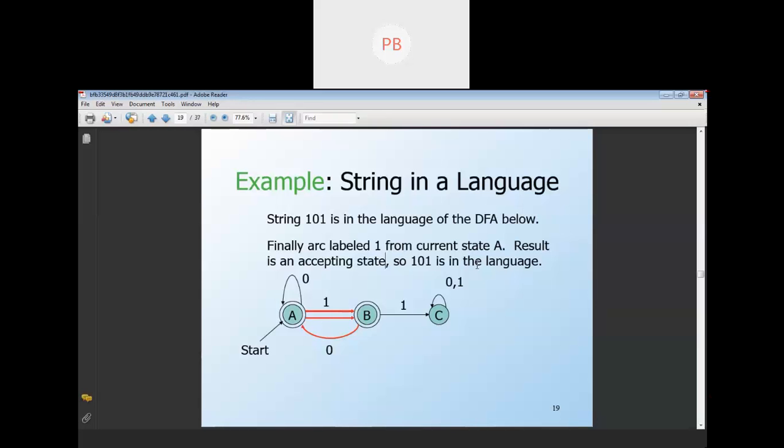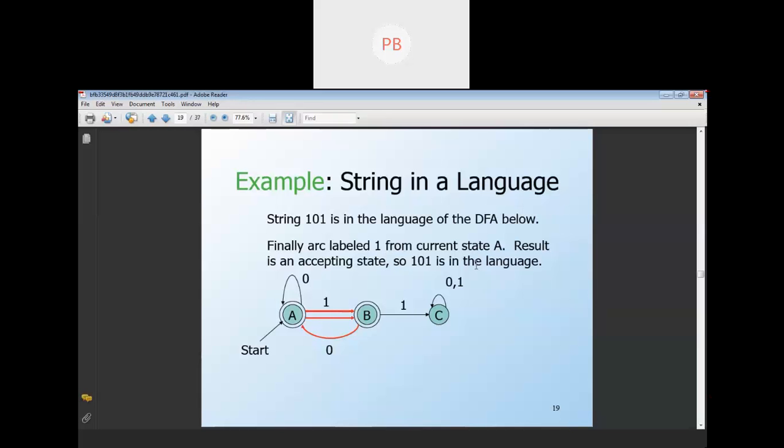To identify this, you have to verify whether the string is accepted by the DFA or not. Once the string is accepted by the DFA, that means the string is within the language.